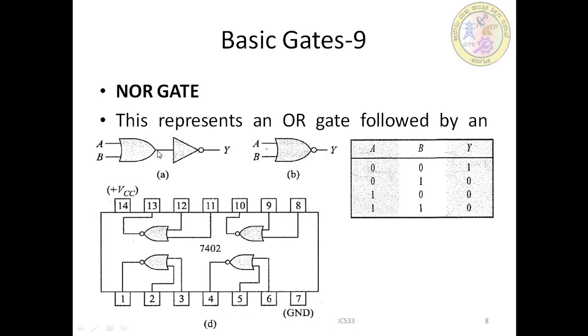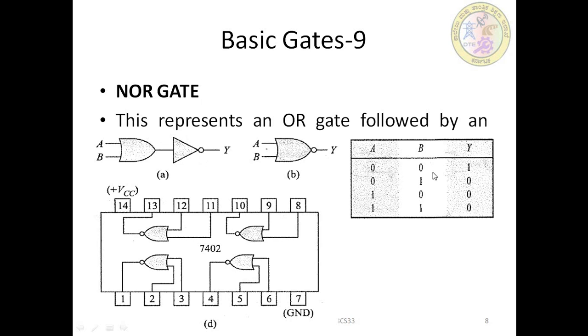What we are trying to do is give the output of that OR gate as an input to the NOT gate. NOT gate always reverses whatever input is coming, right? So in that condition, the output will be the reverse of the OR gate.